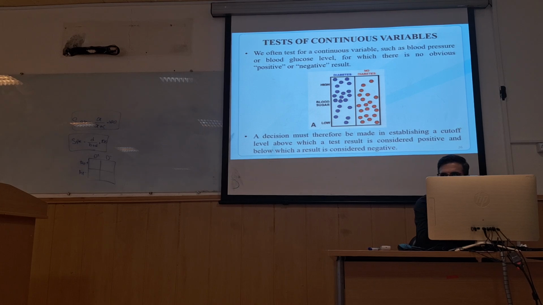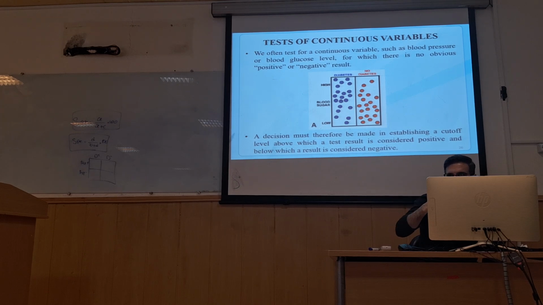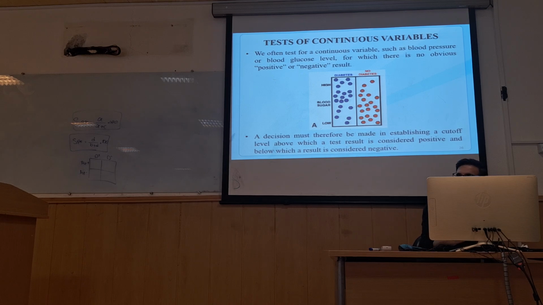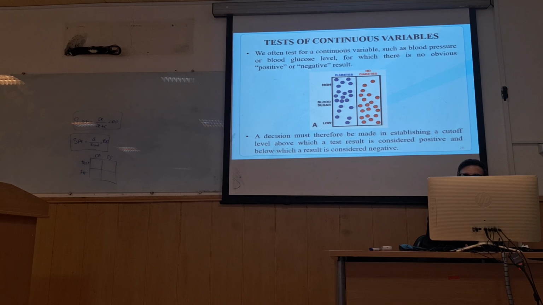For example, blood sugar is a continuous variable, yes, and in this situation you should establish a cutoff point to distinguish healthy and unhealthy people based on evidence. For example, what's the cut point of FPS? 126.